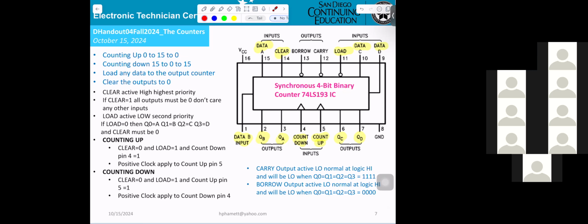The input is for loading, not clear, not borrow or carry. They use pins 13 and 12 for outputs, and they say borrow and carry. Yes, that's different. That output does not relate to QA, QB, QC, QD.